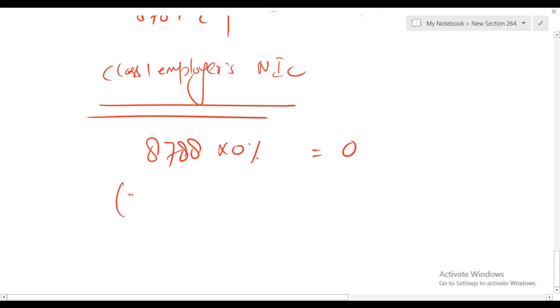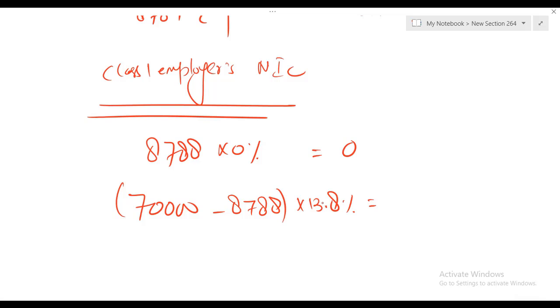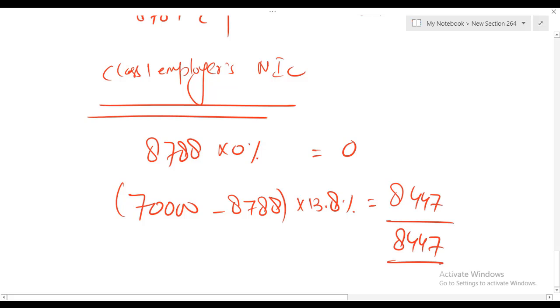After that, from 70,000 we are going to deduct 8788, then multiply this with 13.8%. So 70,000 minus 8788 into 13.8% gives us 8,447. So 8,447 is your class 1 employer NIC.